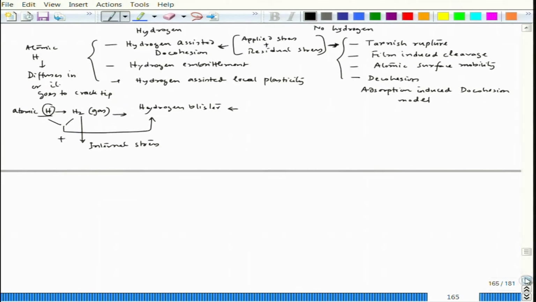Now, coming to the explanation, if we talk about hydrogen assisted cracking, hydrogen assisted decohesion, what happens if you have a crack? Let us say this is a crack.